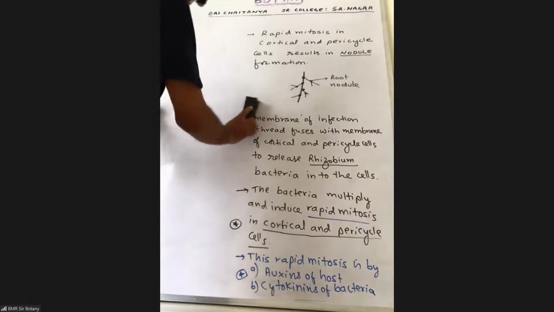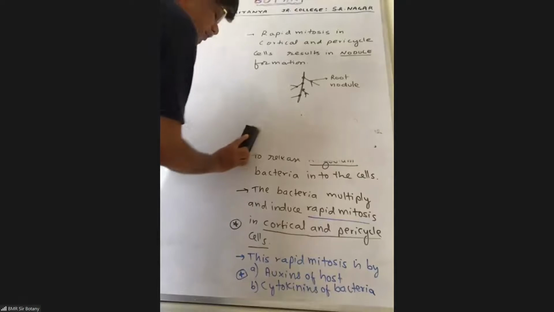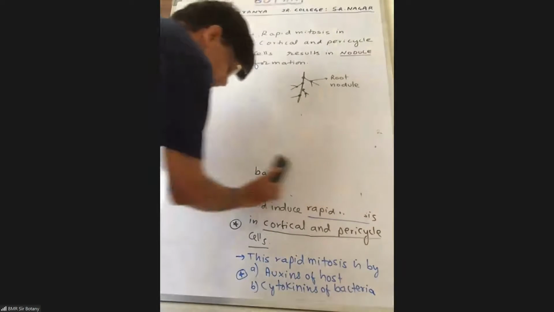And the cells of the root nodule now have a specialty. They are filled with rhizobium bacteria.